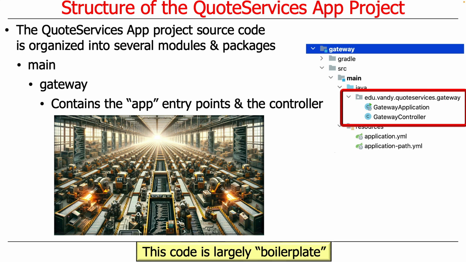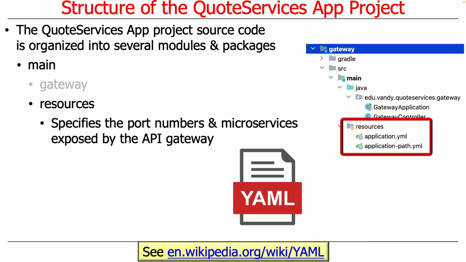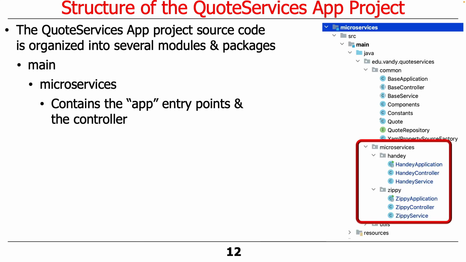And that's intentional, that's by design. There's also a very important folder called resources that specifies the port numbers and the microservices that are exposed by the API gateway. And these are written in something called YAML, which is a funny acronym that stands for YAML ain't a markup language, which I think is rather funny. So that's what YAML stands for. We'll talk a lot more about YAML.